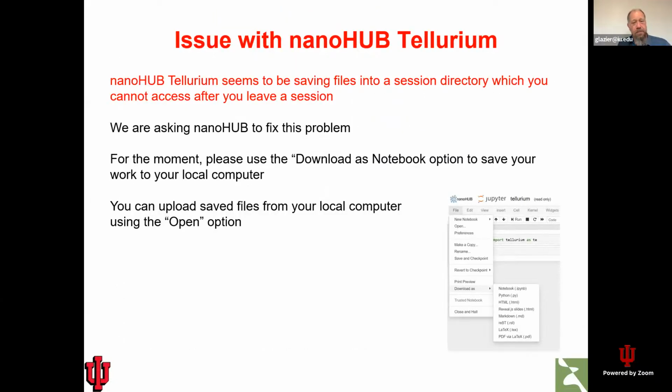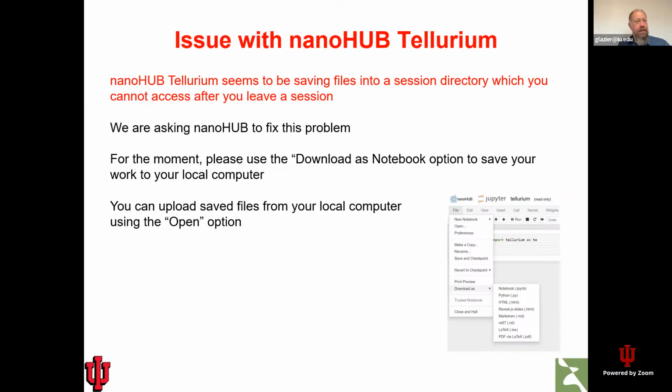William helpfully pointed out that somehow nanoHUB broke the nanoHUB installation of Tellurium. In fact, nanoHUB seems to have broken all of the Jupyter notebooks on nanoHUB.